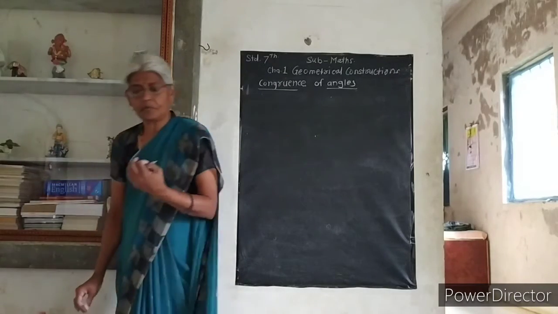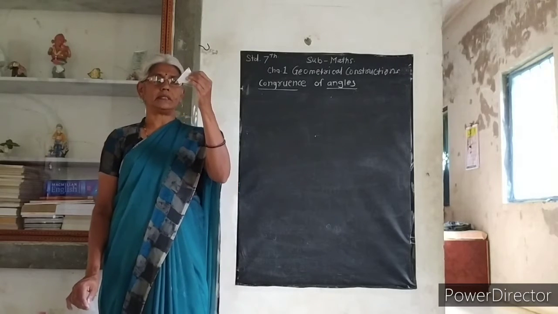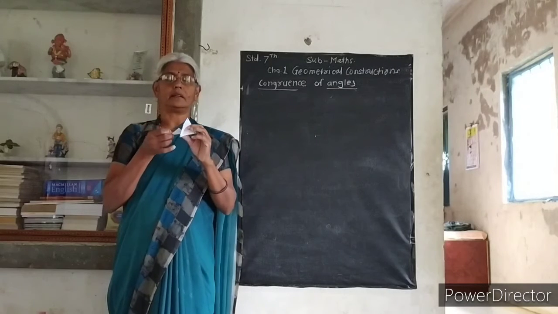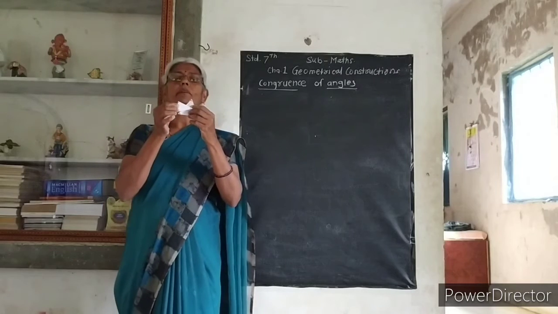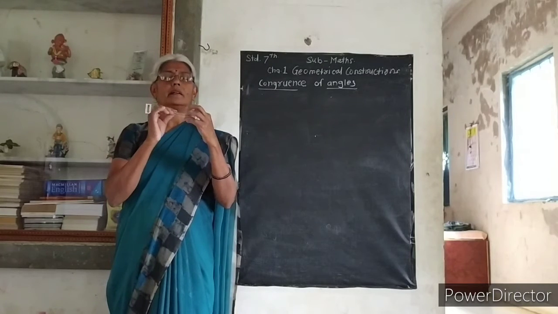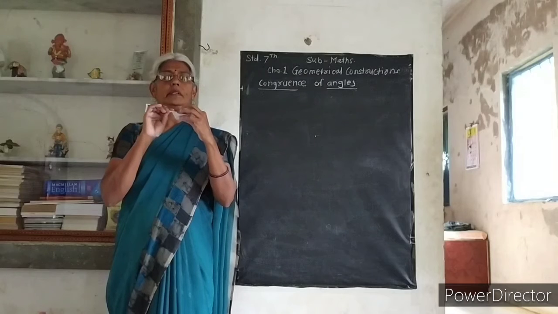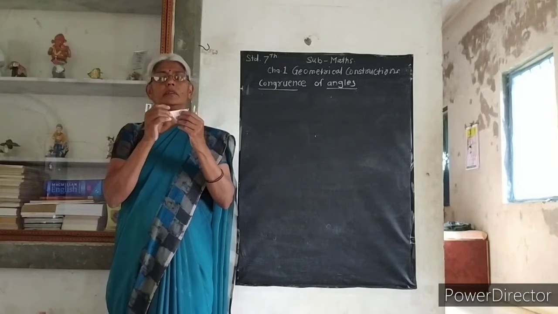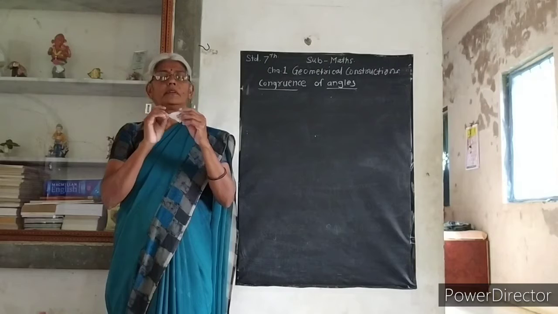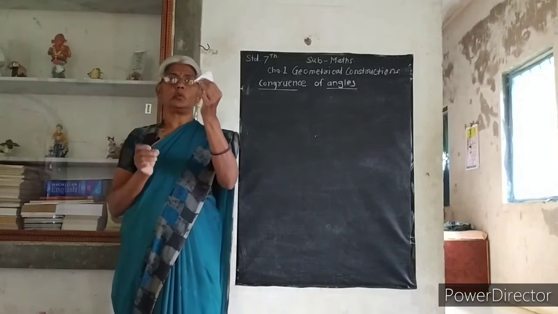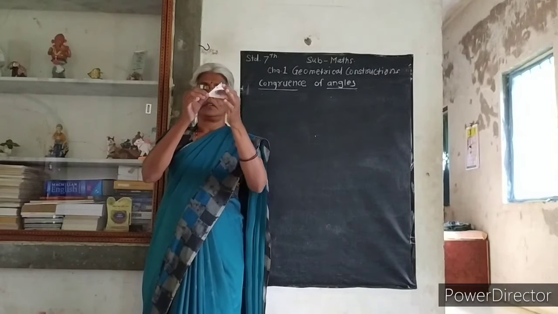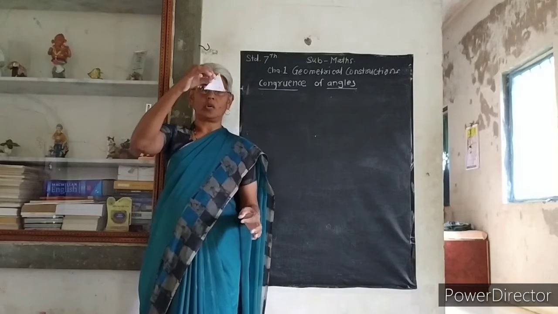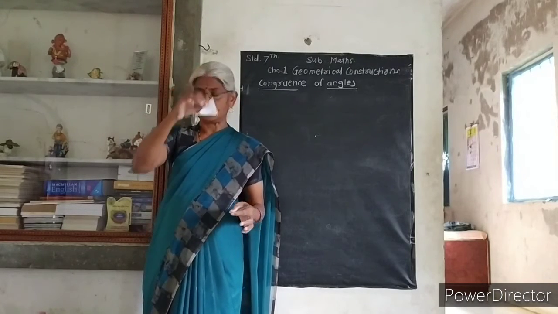Then if we take angle ABC and angle STD and put these two angles in any manner, we see that these two angles do not coincide with each other.